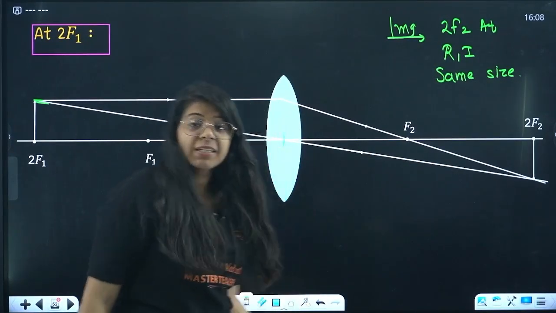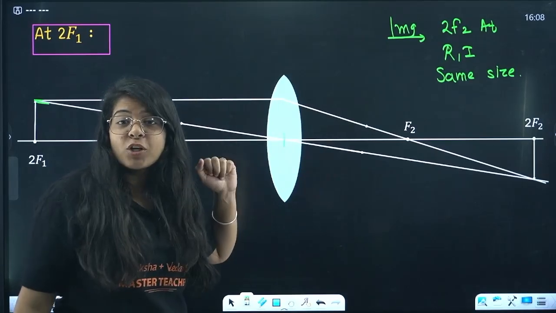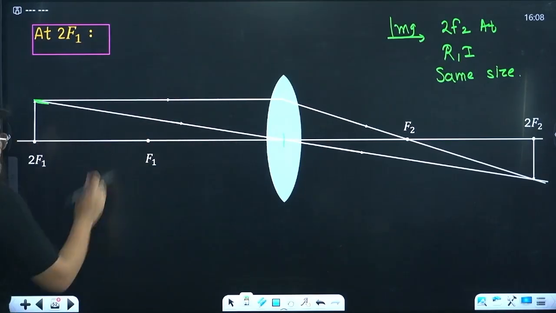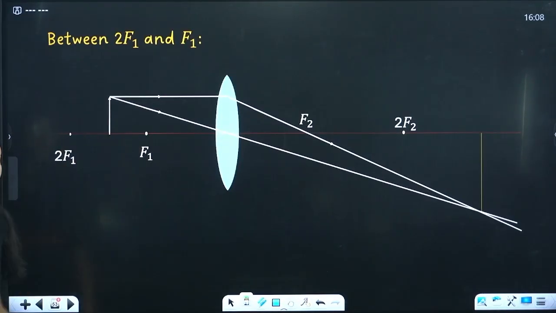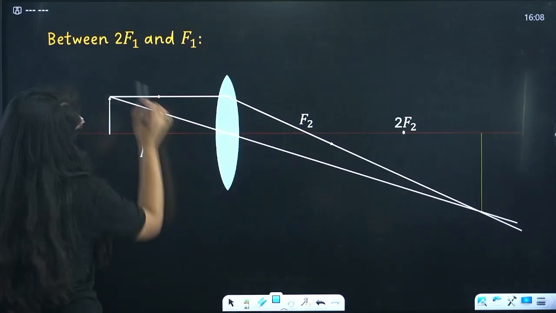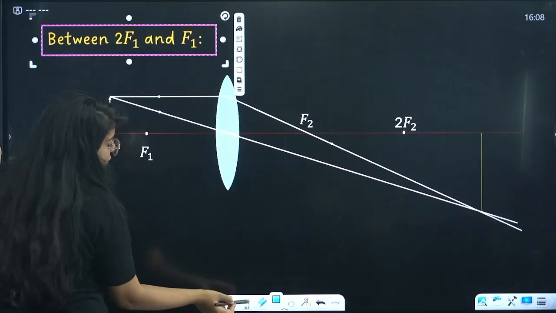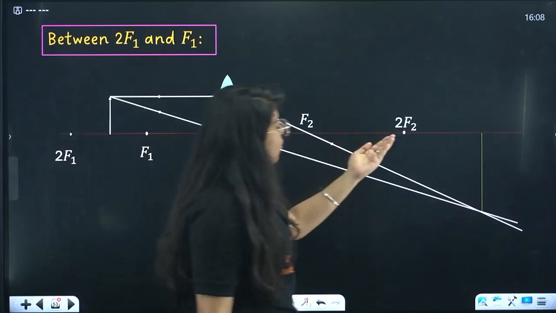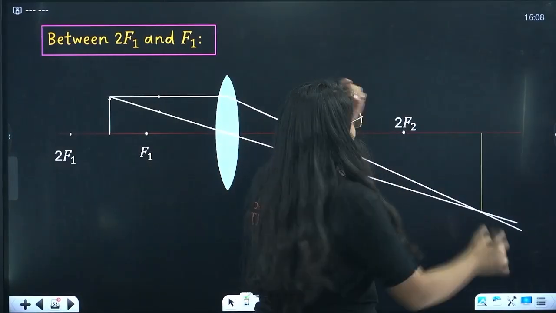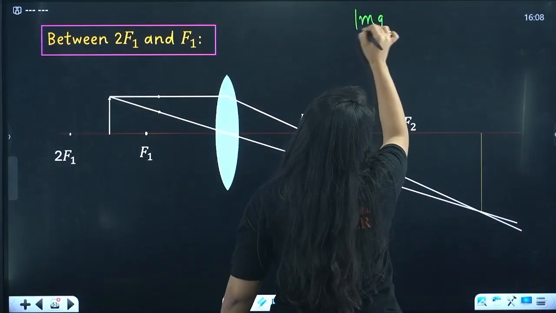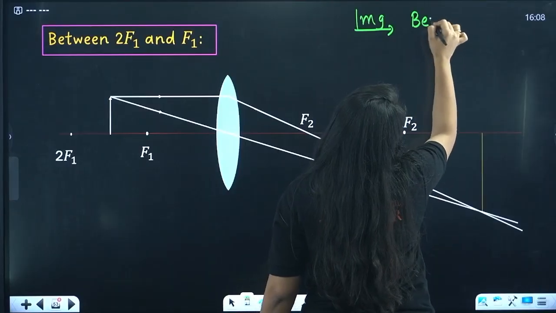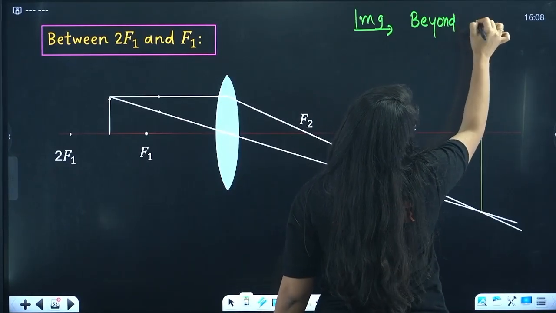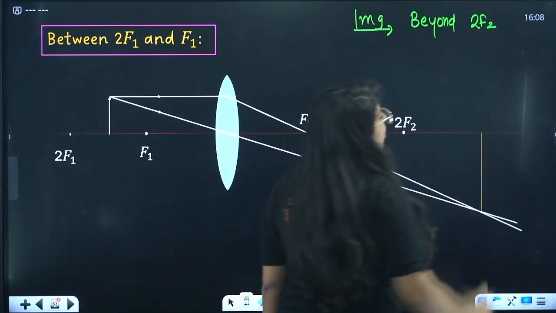Done. Then bring your object a little bit more closer, between 2F1 and F1. Now what will happen? Ma'am, for between 2F1 and F1, the image will go beyond 2F2. This is very simple, right? That's why I'm not drawing it all again.